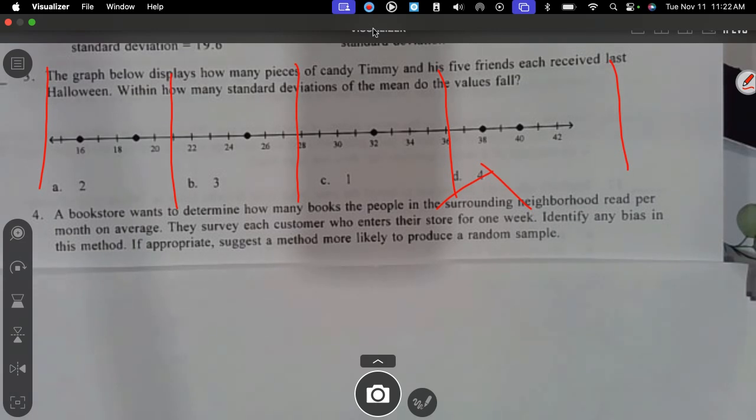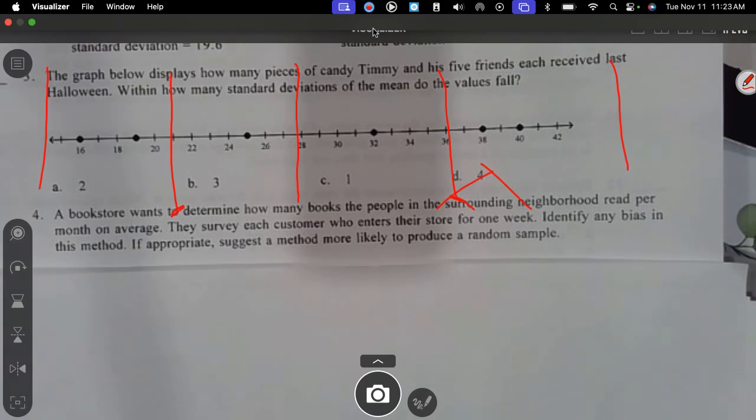Do you have to go out 1 time? Do you have to go out 2 times? Or do you have to go out 3 times? And when you add and subtract, that's one time. Going this way and this way is one time. Add and subtract that 9.1 again, on the numbers that you just found here. Add and subtract 9.1, or whatever your standard deviation is. That's what it's for.